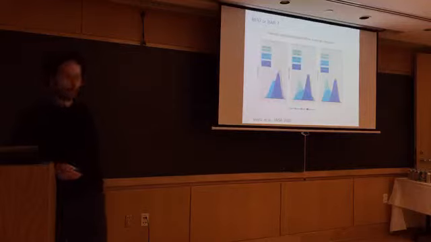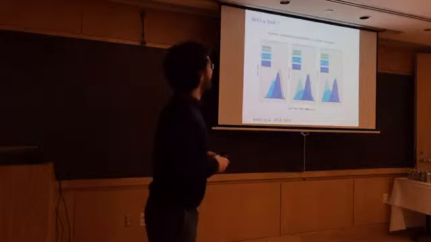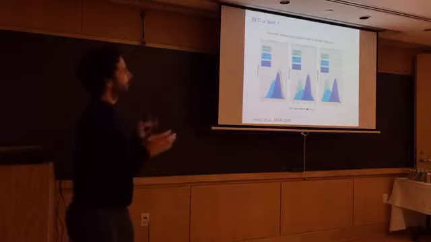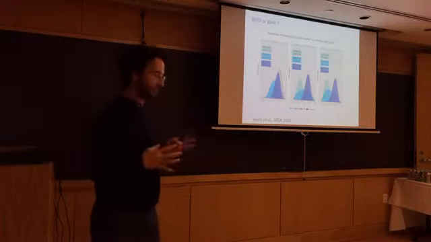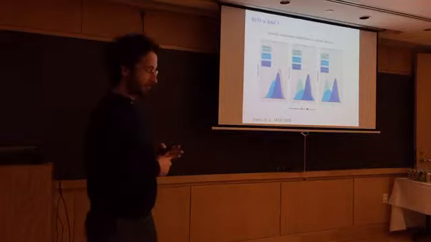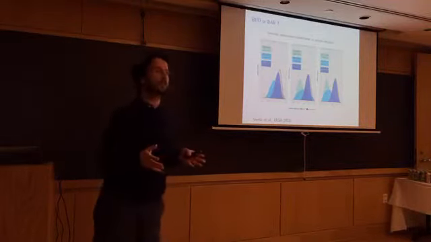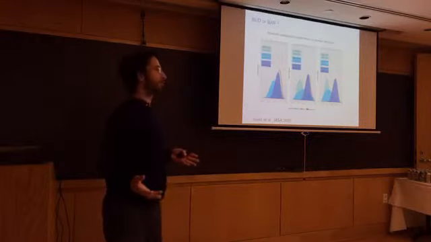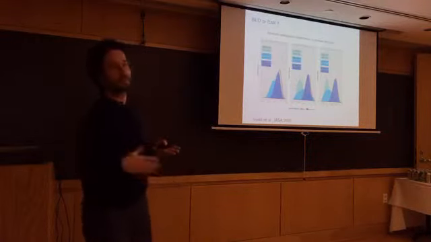So I want to make a link between two research directions that are very close to this project. The first one is how do we translate inference from Bayesian modeling into randomization probabilities. That's not trivial.